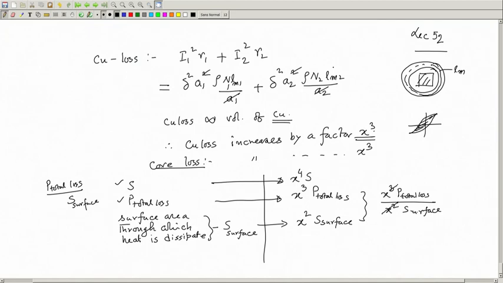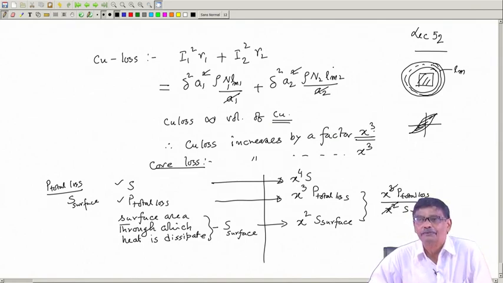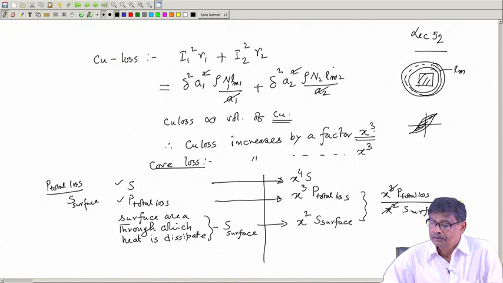Therefore, what we note here is that losses increase by a factor of x cube, but the surface through which heat will be dissipated is only increased by a factor of x square. Therefore, temperature rise will become more now, because the available area through which heat will be dissipated to the atmosphere has become less.